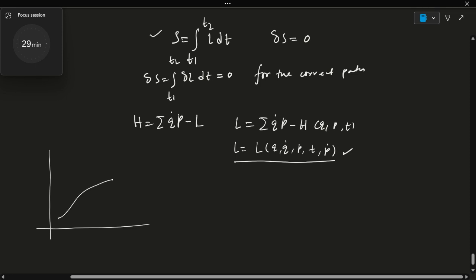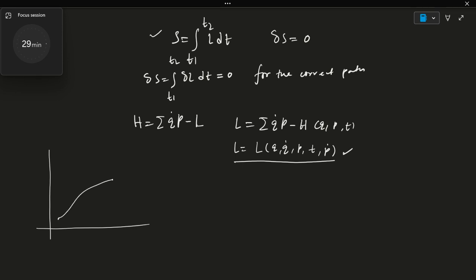Let's say this is the correct path. If you have done the variational principle and derived the Lagrangian formulation, you know that for the correct path and for a slightly varied path, we write q(t) for the correct path, and for the varied path we write q(alpha, t).